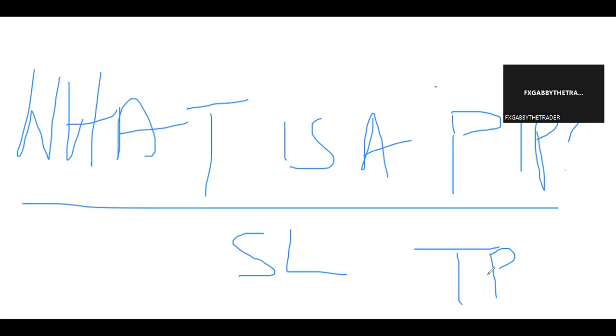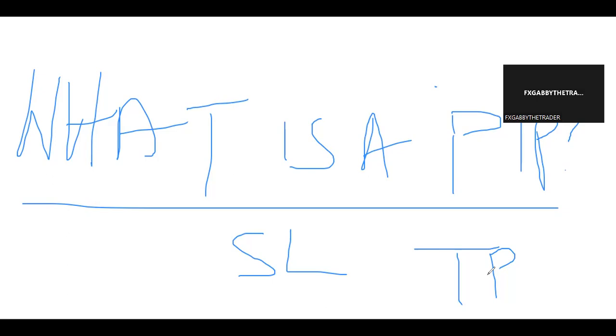In every trade, as a trader, you must always define your parameters for stop loss. You must define what you're risking versus what you are going to be getting from the market. So that is crucial and important. Anyways, let's continue.